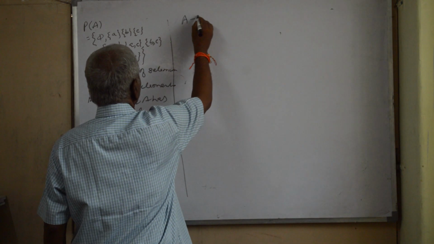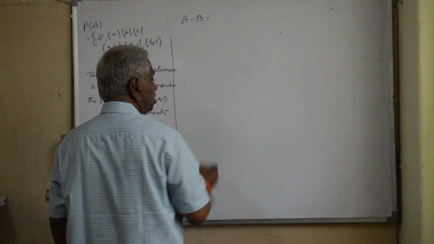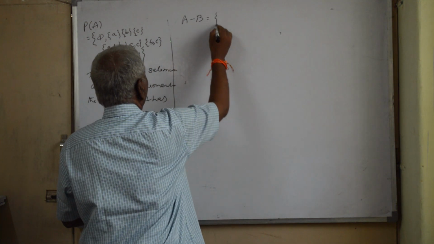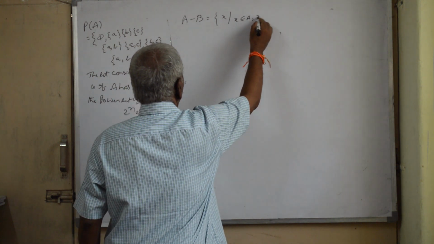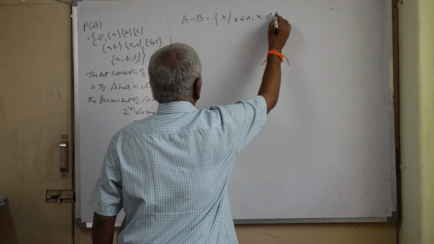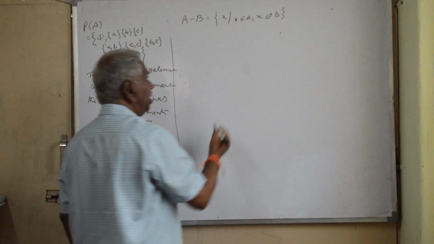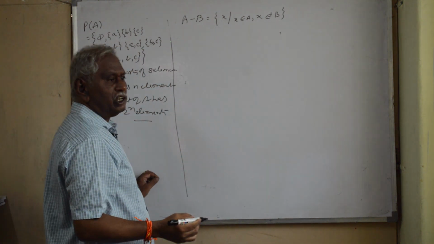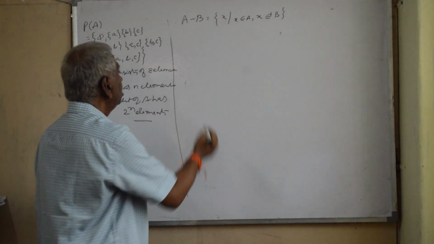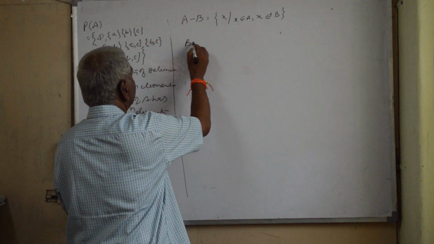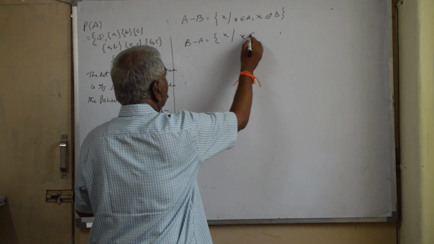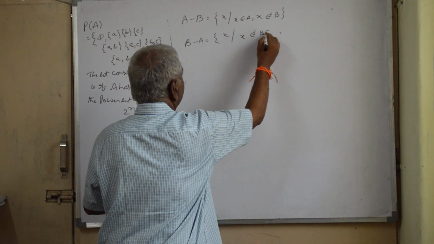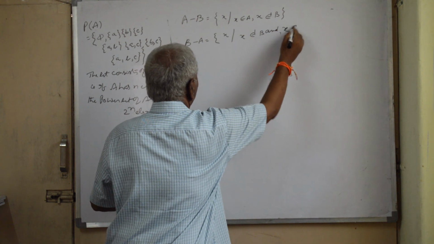Next, A minus B. What is A minus B? It is {x such that x belongs to A, x does not belong to B}. So the elements which are in A but not in B is called A minus B. And similarly B minus A is {x such that x belongs to B and x does not belong to A}.